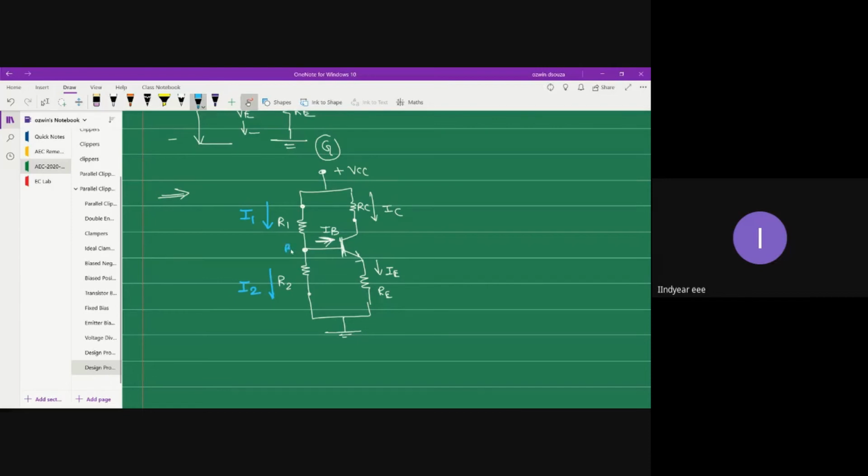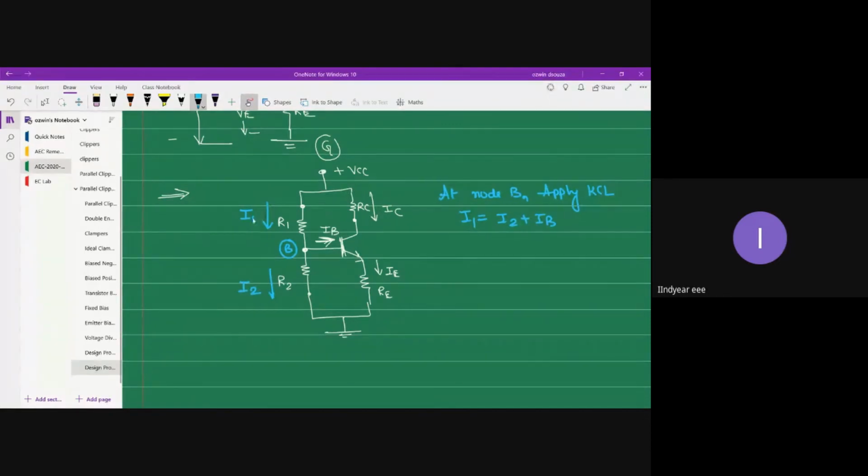At node B, you can apply KCL. So at node B, when you apply KCL, what do you get? Incoming current is I1 and outgoing currents are I2 and IB. So I1 is equal to I2 plus IB. Now, your I1 and I2 are the currents which are directly derived from the power supply voltage VCC.